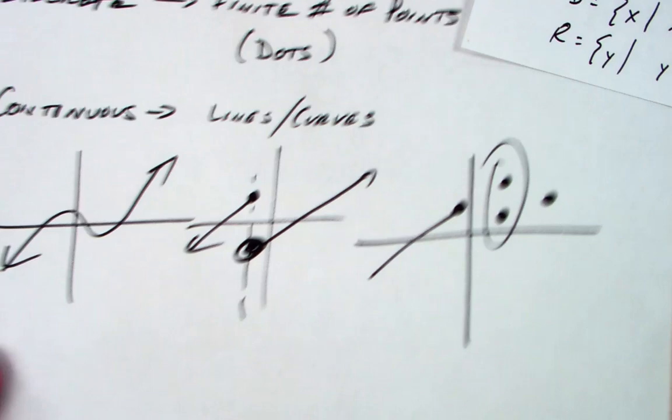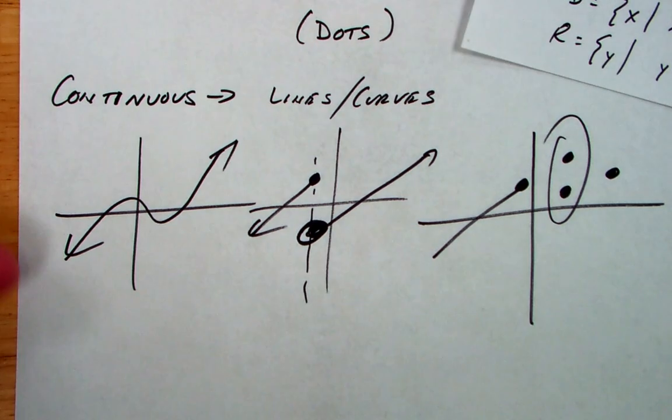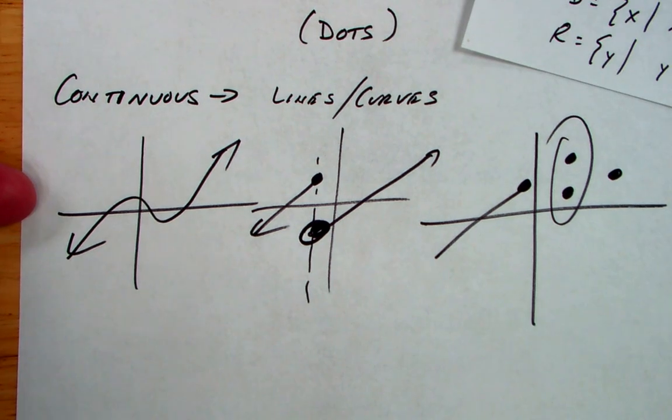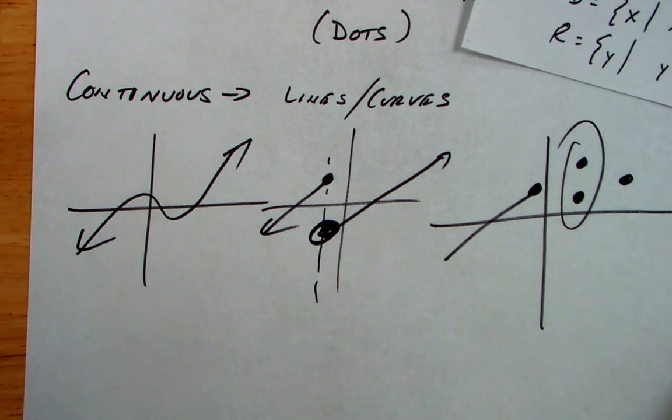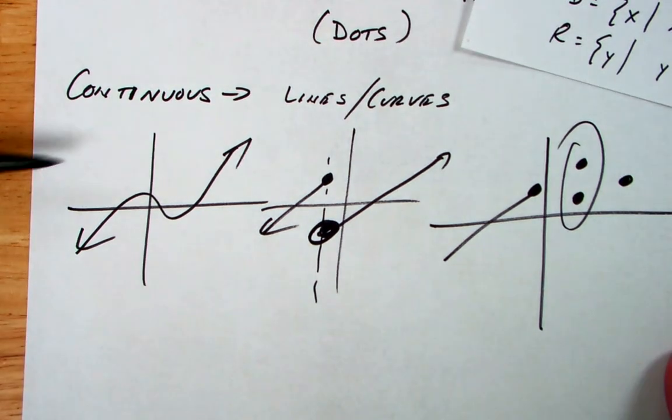Let's go back, 1 to 1. Is this 1 to 1? This is where you got to slow down and think about the definition. Function, does each input yield a unique result? Unique, unique. No, that's not unique. Now, if I would go to 1 to 1, that means each result happens once.